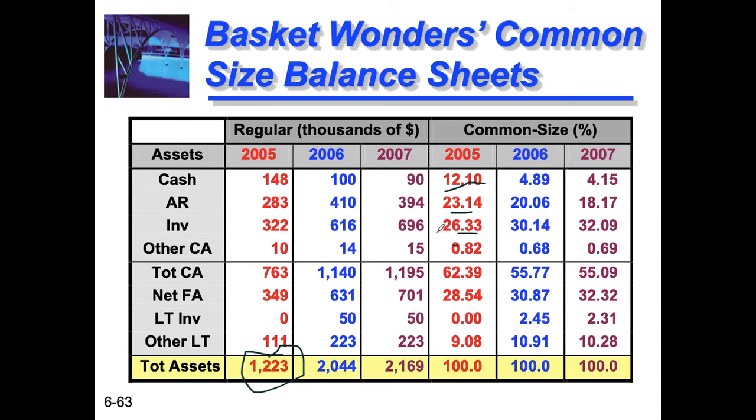This one is from 322 per 1,223. It's also the same for 2006 and 2007.